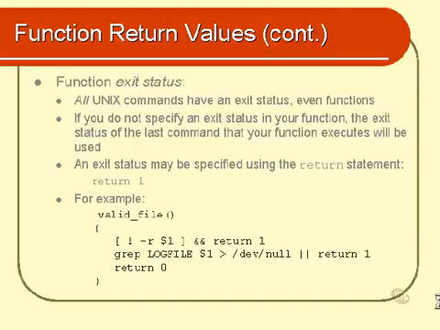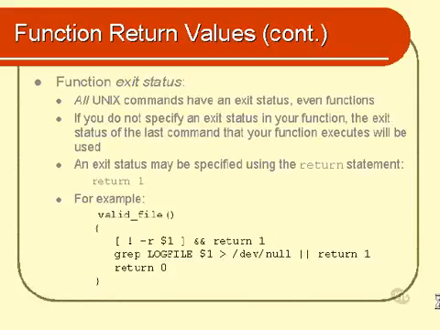So what this will do is it will test to see whether grep actually finds the word log file in it, and if it doesn't, it will return 1. And if we successfully make it past that line, then grep must have found log file in the file, so we can safely return 0. Notice that no output is produced at any time, not even via the grep, because I've redirected the grep output to /dev/null.